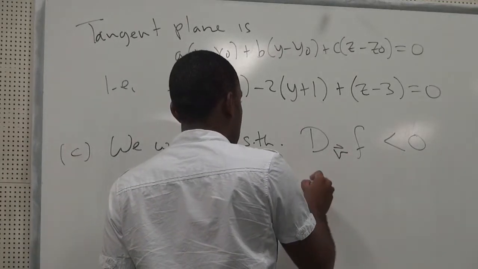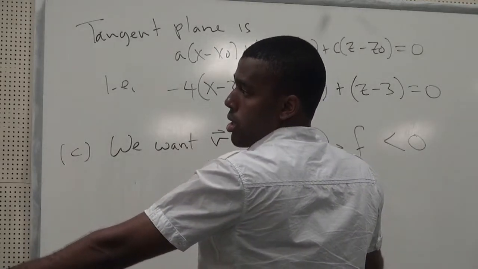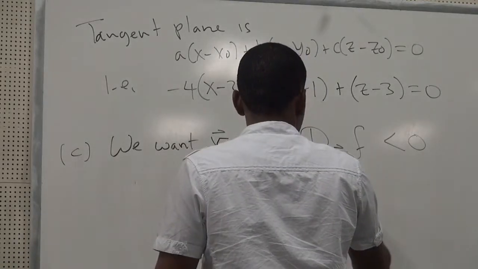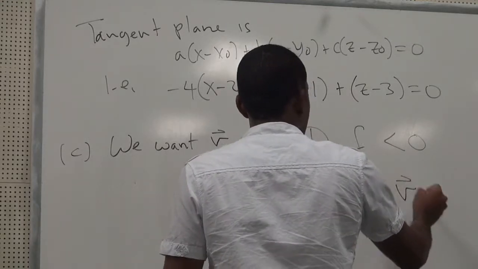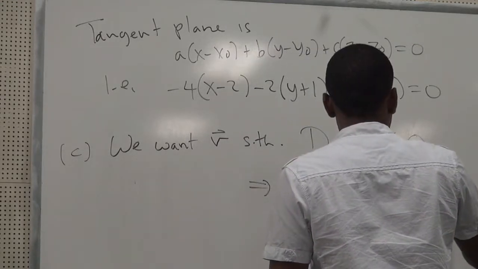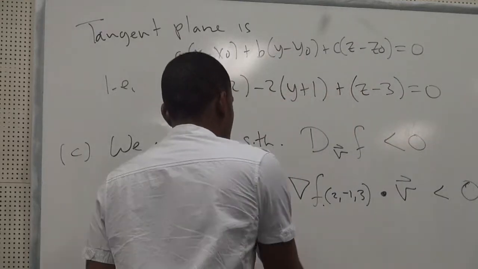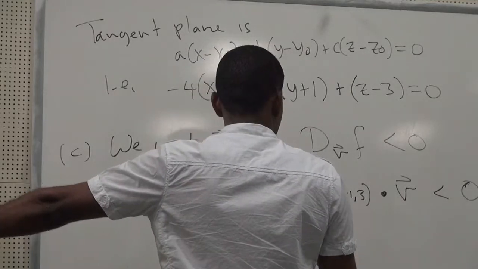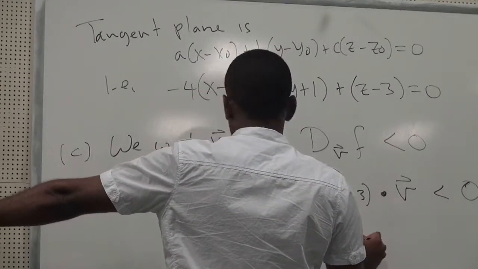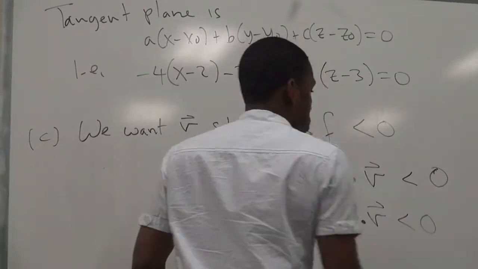You find the gradient of f at the point (2, -1, 3), and dot product it with the unit vector v, and you want to get something that's less than 0. We already found the gradient: (-4, -2, 1) dot product with v. I want that to be less than 0.